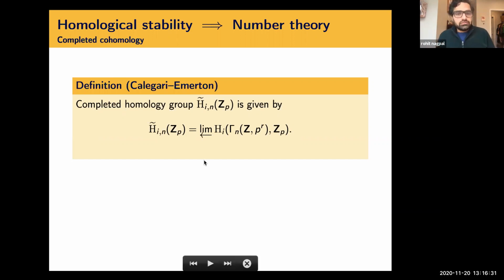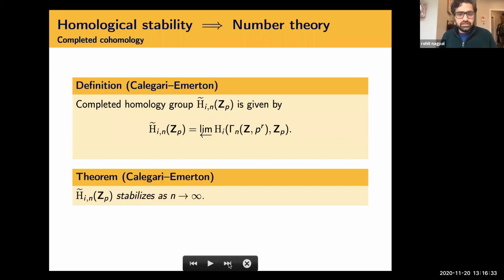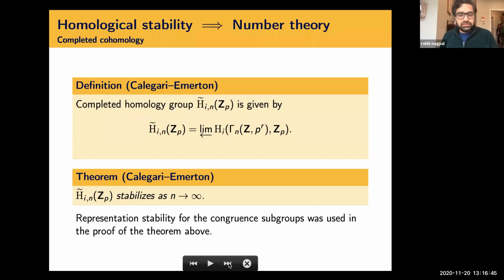The result that we have about these homology groups is that these completed homology groups are also stable in n. And this theorem actually uses representation stability for congruence subgroups that I mentioned earlier. So we can think of this as an application of representation stability.